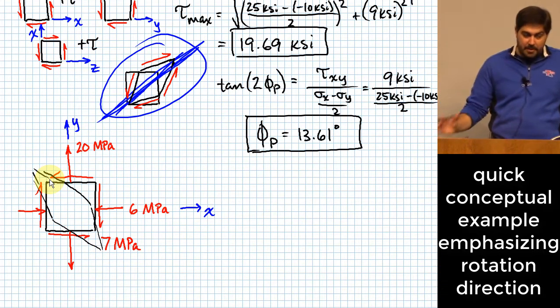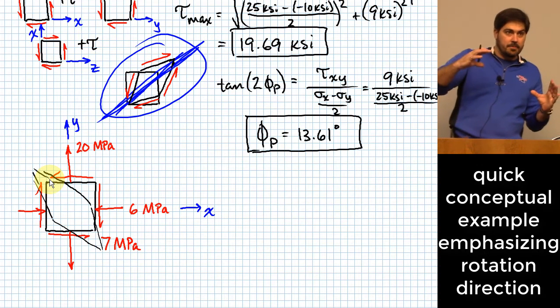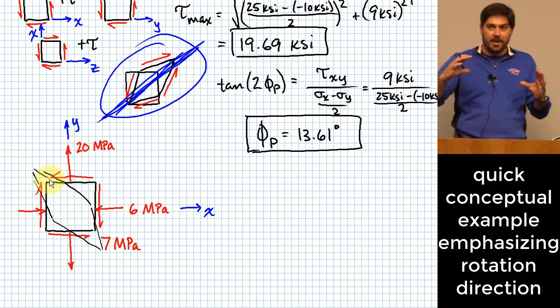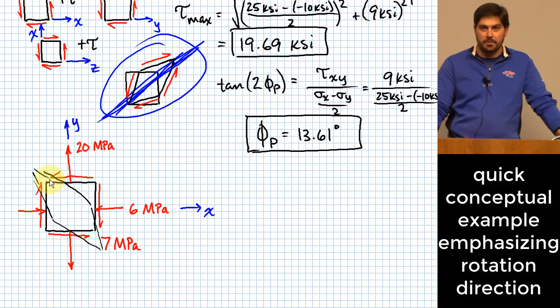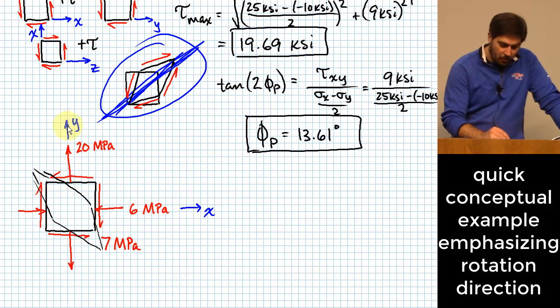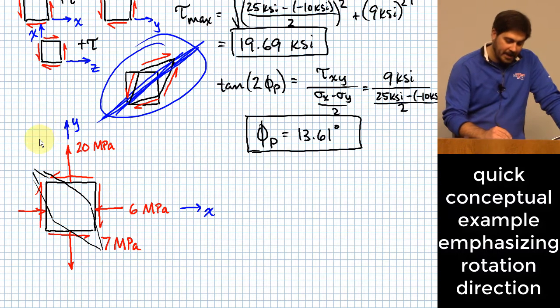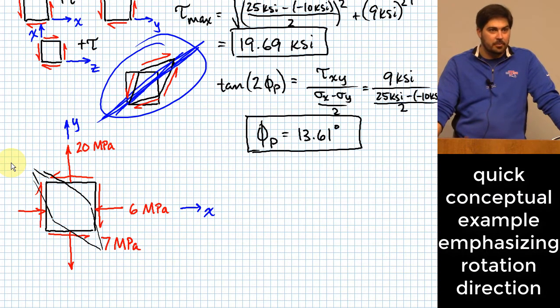Well, doesn't that mean that we should rotate the coordinate system counterclockwise to find where that highest principal stress would be? Because it would have been aligned with the y, but now we want to rotate that y counterclockwise a little bit to catch where that maximum principal stress is going to be.